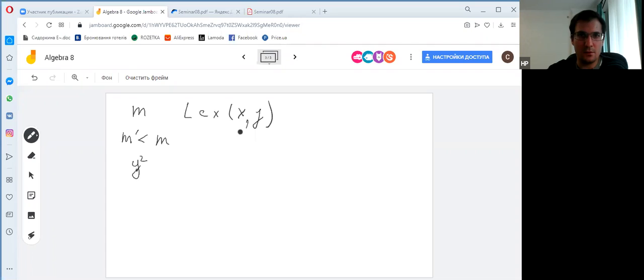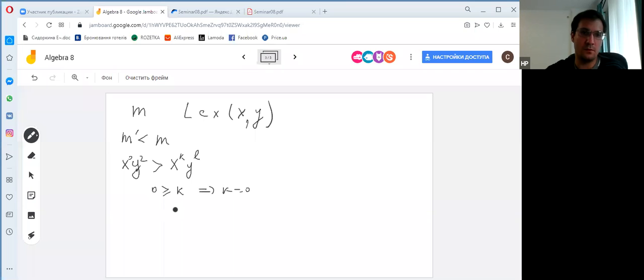So first of all, we consider the power of x, and here it is x in the 0 power. If this monomial is bigger than x in k, y in l, then 0 is bigger or equal than k, and so k is equal to 0.